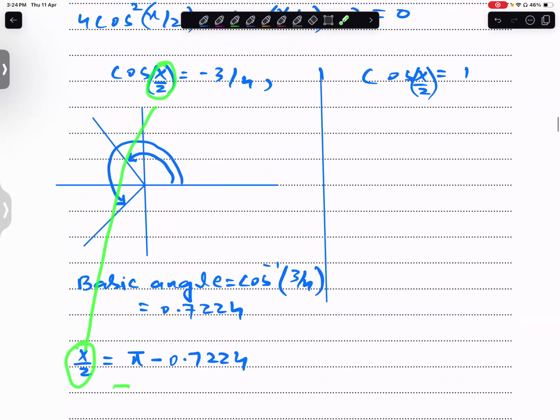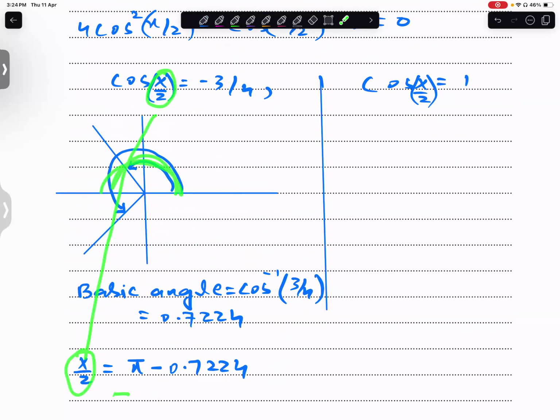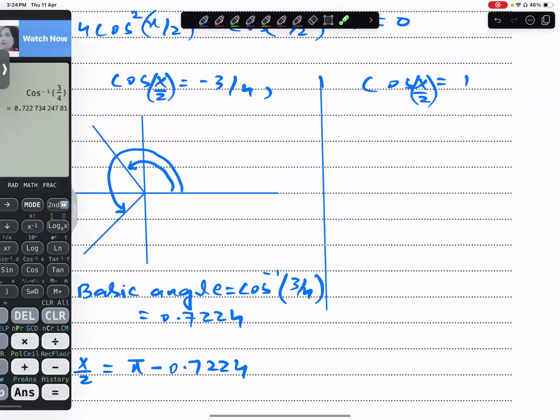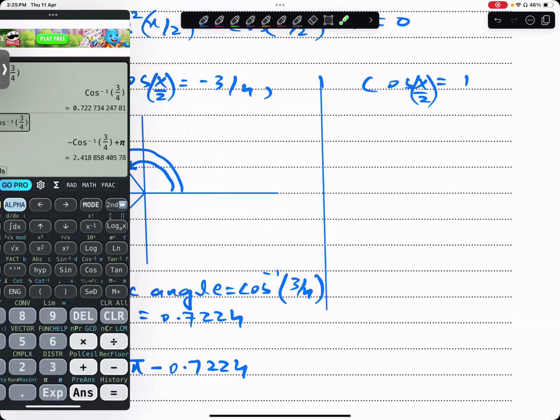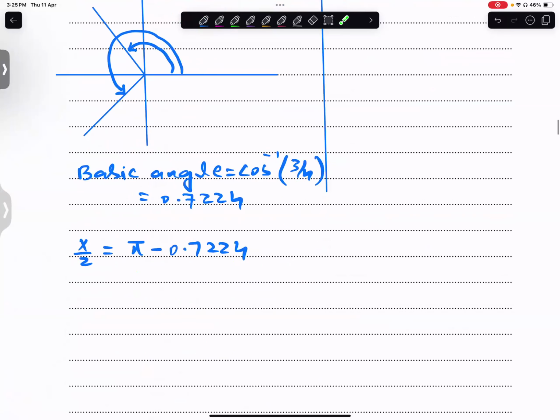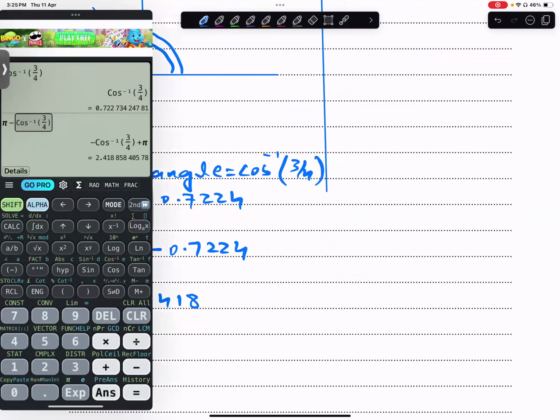X over 2 is equal to pi minus basic angle, which is 0.722. Now let's use calculator. Shift pi minus answer equals to 2.418, and now multiply it with 2.